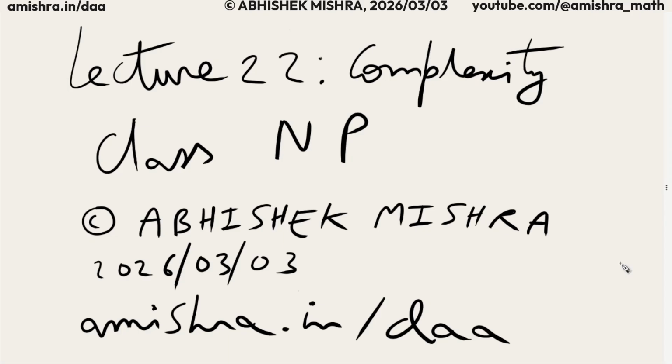So before formally defining the certificate definition of NP using deterministic verifier Turing machines, I will explain this using a very popular puzzle of Sudoku. So now we'll consider 4x4 Sudoku.